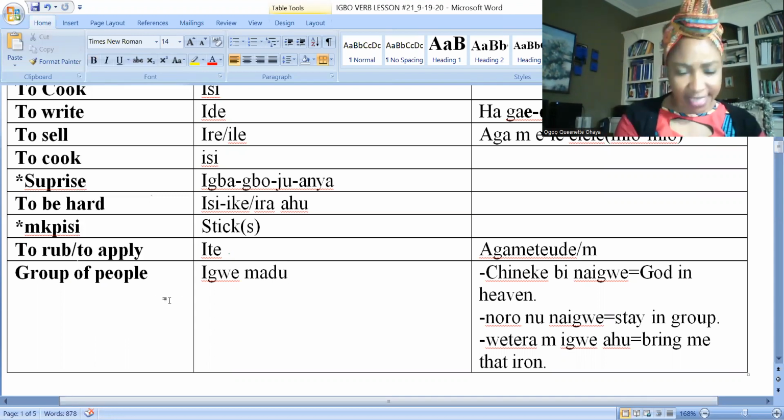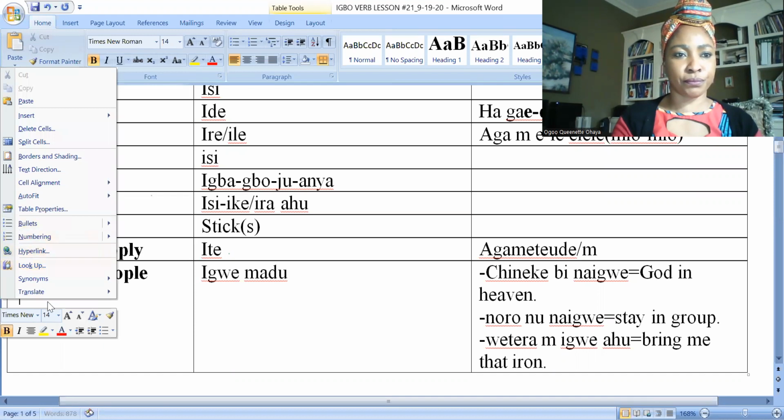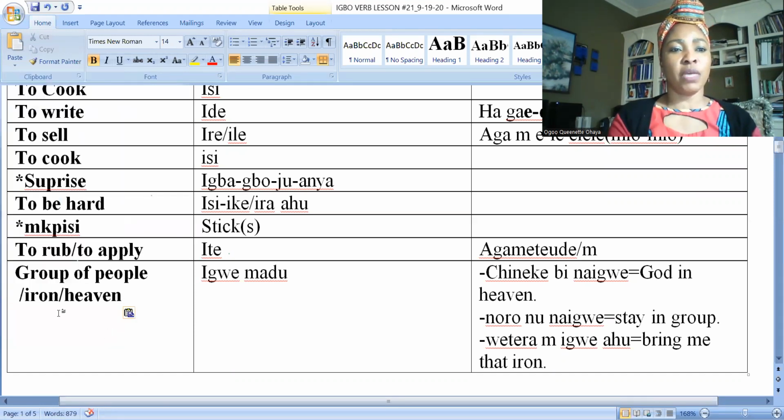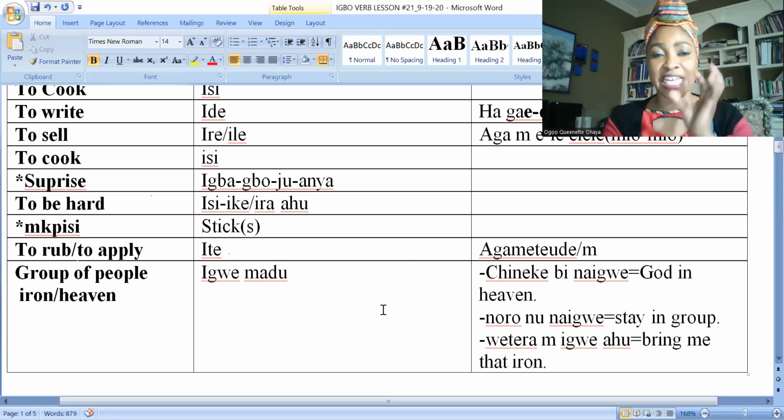Now, when you say iron, okay, or rod, when you say iron or rod, it means something Igwe. It also means Igwe.